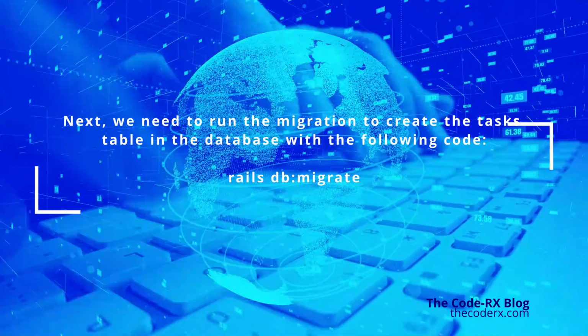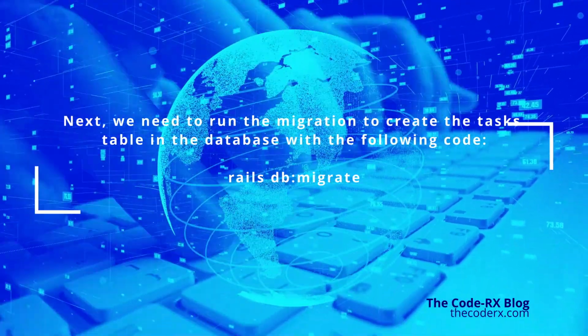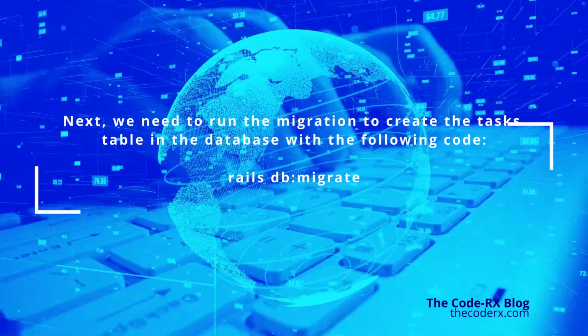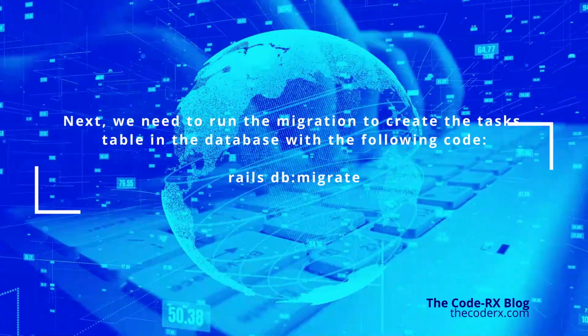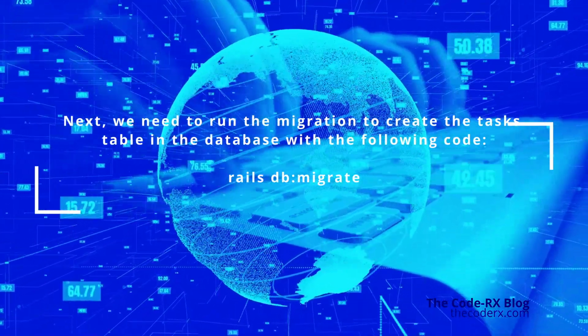So next, we need to run the migration to create the task table in the database. We do that by typing the following code, rails db:migrate.